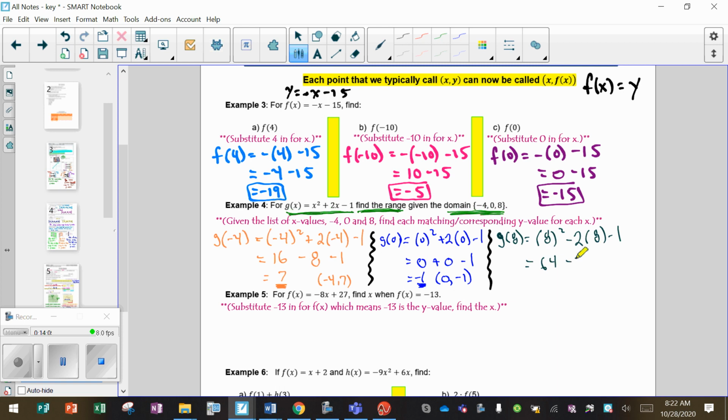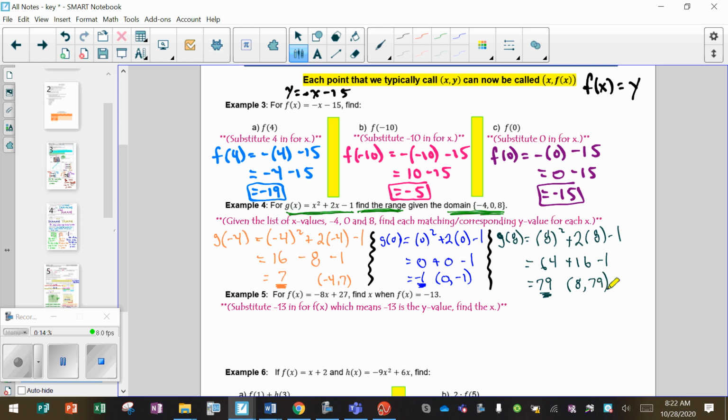Negative 2 times 8 is negative 16. 64 minus 16 minus 1. I mean, that should be a plus 2. So 64 plus 16 is 80, minus 1 is 79. So again, that would give us the coordinate point with an x value of 8, a y value of 79.